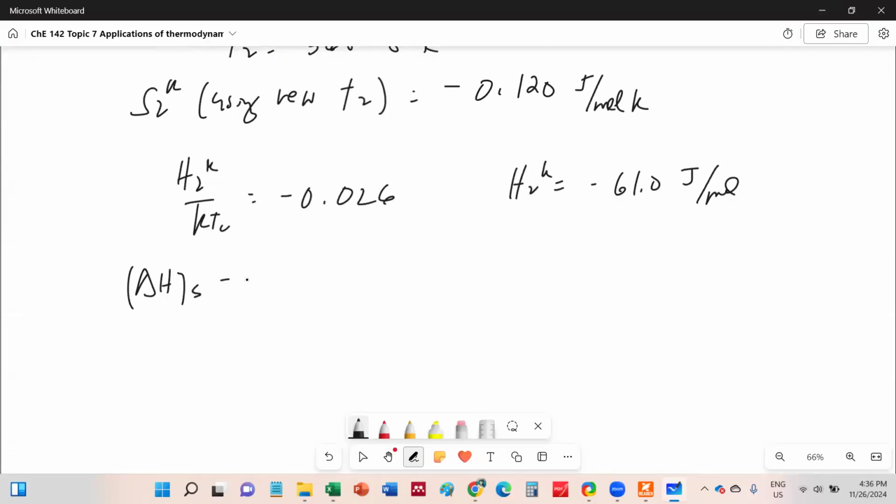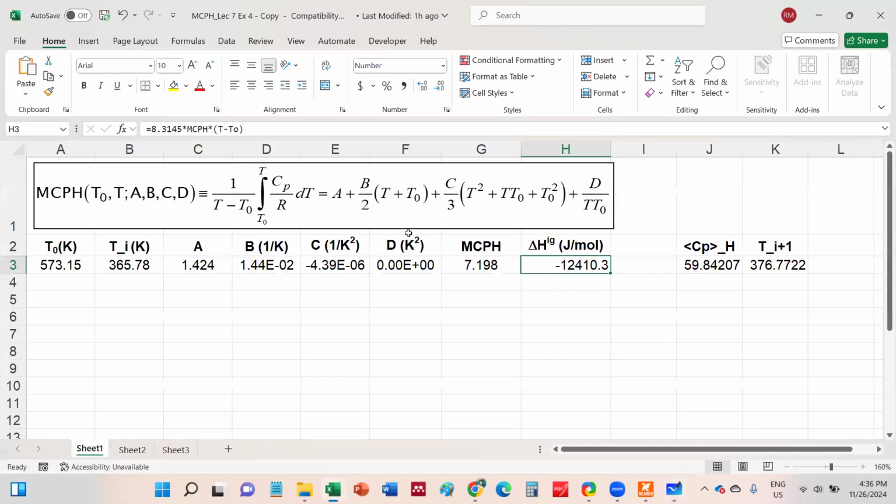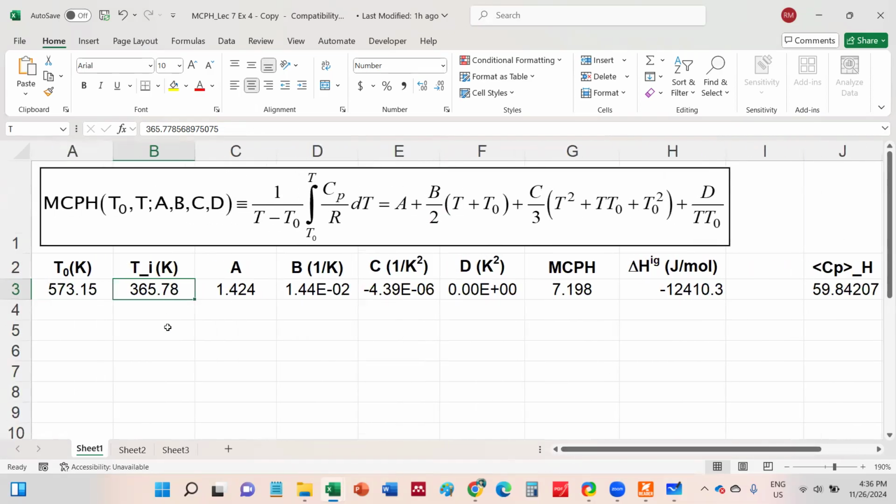But first we need to calculate CPIG for H. And to do that, we simply input into the equation for MCPH. Okay, this is the equation. Using T2, 365 instead of 370. Okay, so I hope that's clear. In letter B, that T2 is 365.